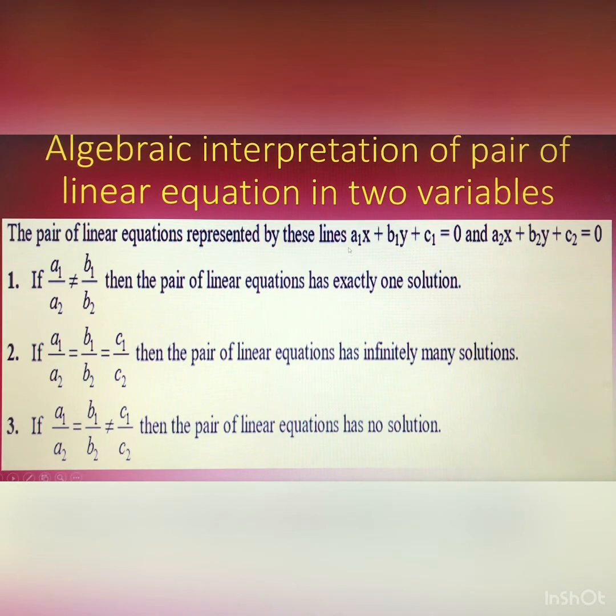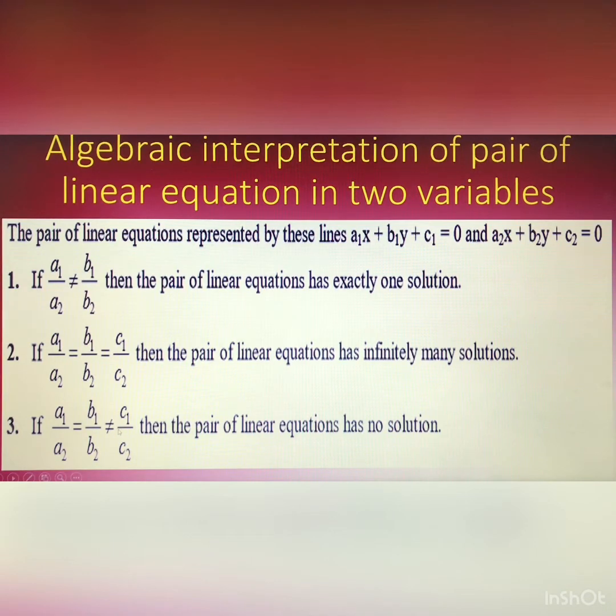And if the ratios of coefficients are all equal, then the pair of linear equations has infinitely many solutions, meaning the lines are coincident. And third case, if the ratios of the coefficients are equal and the ratio of constants is not equal, then the pair of linear equations has no solution, meaning the lines are parallel to each other.